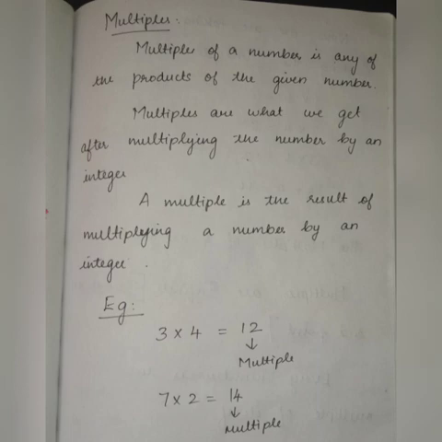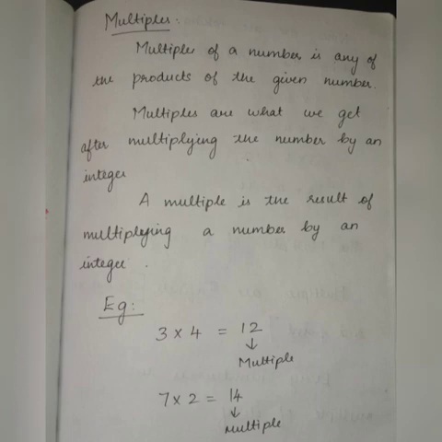After multiplying we get one answer, no? That answer is the multiple. When we are doing that multiplication we multiply two numbers. Those two numbers are the factors. The answer which we are getting is the multiple. Now you understood? A multiple is the result, the answer. It is the result of multiplying a number by an integer.